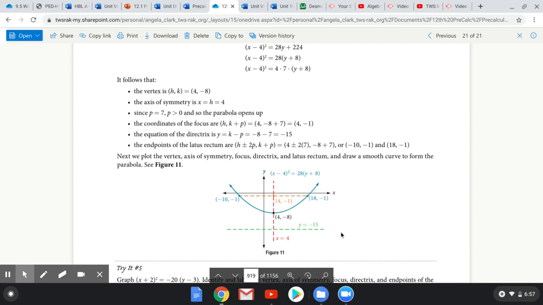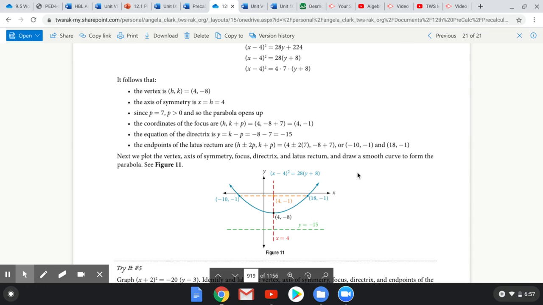Something that I failed to mention in earlier videos is remember that the directrix is a line. So if you're asked to find the directrix and state it, not just graph it, that's the equation of a line. So in this case, it'd be y equals negative 15. In the example that I graphed in the last video, it would have been x equals 1, right?